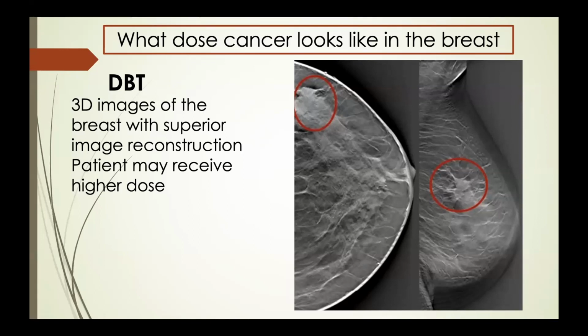So definitely the patient is going to be exposed to higher radiation compared to a standard 2D technique, but it gives better image quality. And just like this slide says, superior image reconstruction, which allows the radiologist to see and pick up this cancer early.